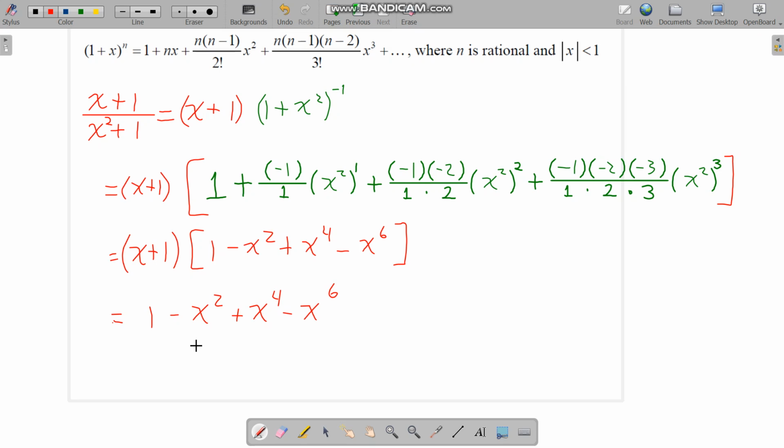Multiplying by x, we get x minus x to the power of 3 plus x to the power of 5 minus x to the power of 7. So in the end we get 1 plus x minus x squared minus x cubed plus x to the power of 4 plus x to the power of 5 minus x to the power of 6 minus x to the power of 7, and so on.